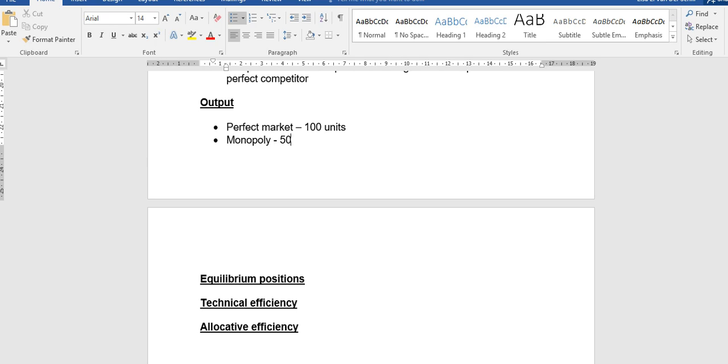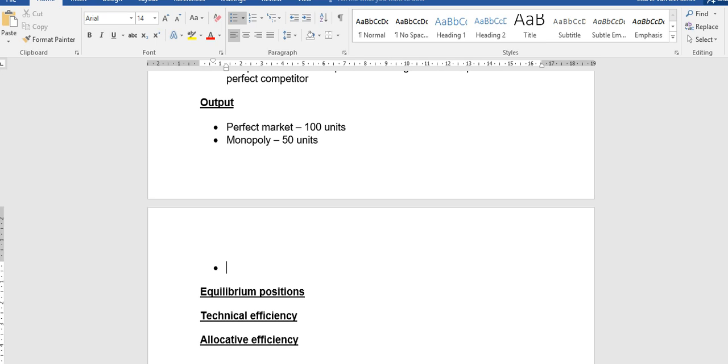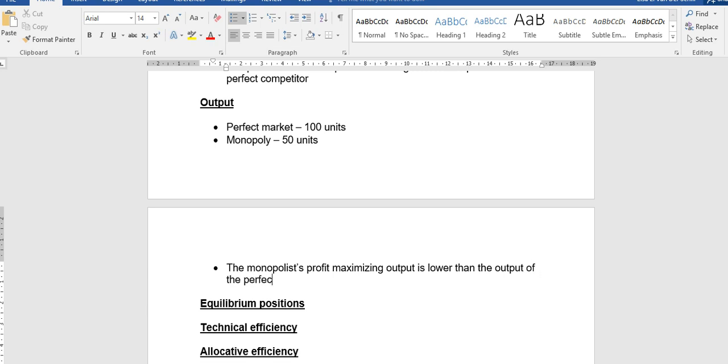It is 50 units. And then we make the comparison. The monopolist's profit maximizing output is lower than the output of the perfect competitor.